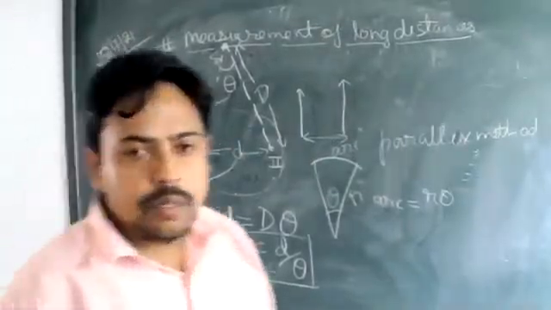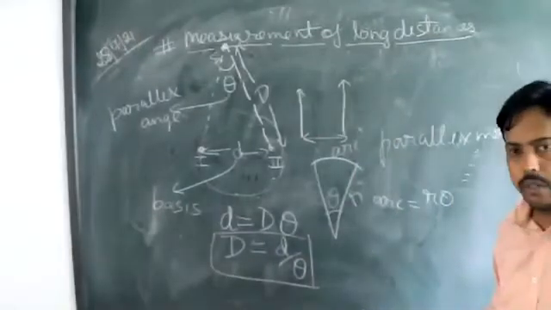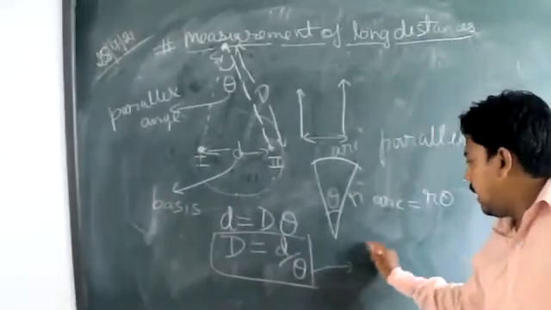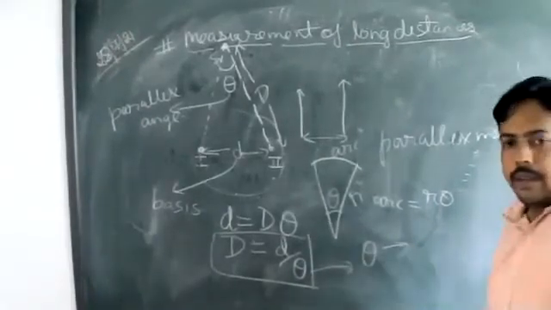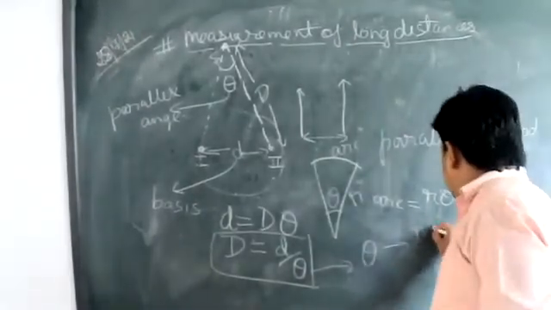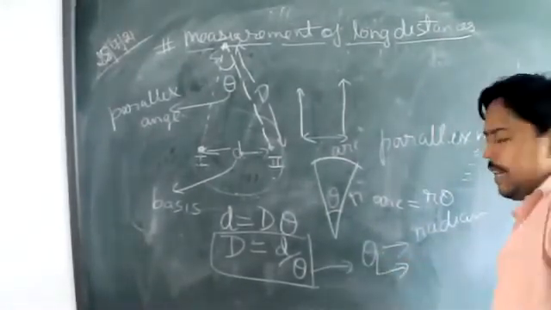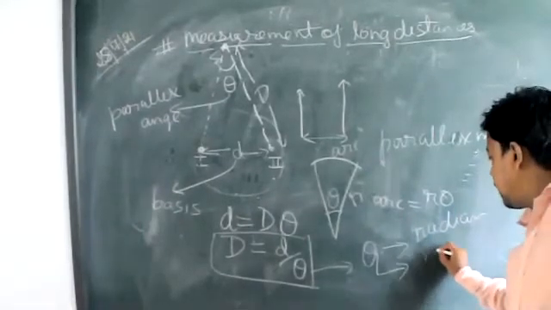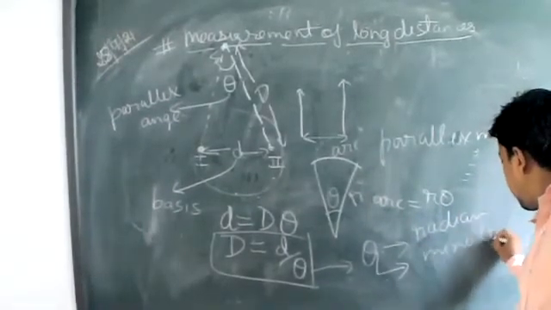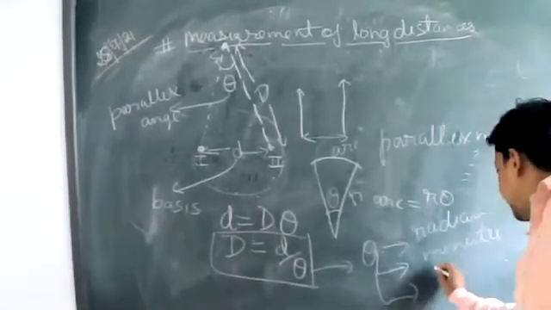Now let's talk about some relations. We'll be talking about this angle theta. This theta can be expressed in radian. At the same time, in any question, this theta can also be written in terms of minutes. This theta can also be written in terms of seconds.